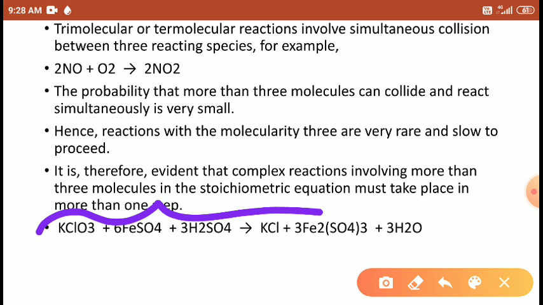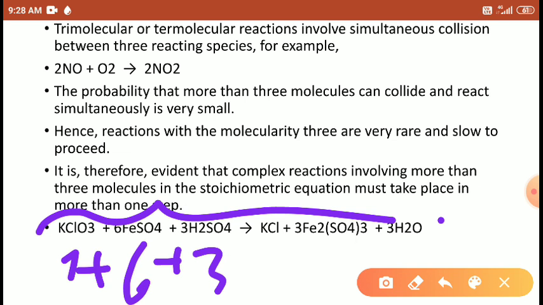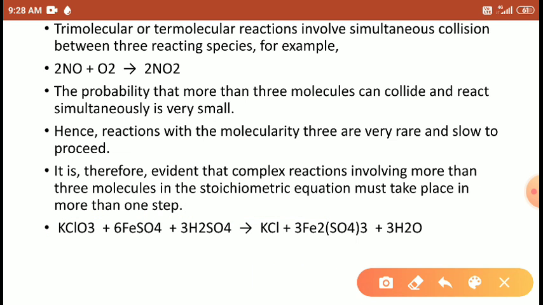This is the slide. This is one of the complex reactions, students. 1 mole of potassium chlorate, 6 moles of ferrous sulfate, 3 moles of sulfuric acid. So how many moles are there in total? 10 moles. So order of reaction can be determined for complex as well as elementary reactions.